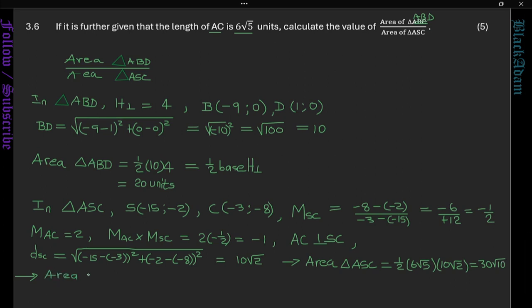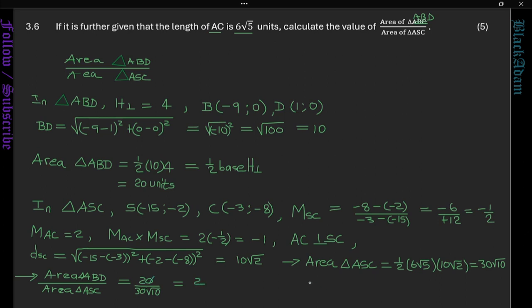So 30 root 2 means that we have the area of triangle ABD over the area of triangle ASC. That's going to be 20 over 30 root 10.